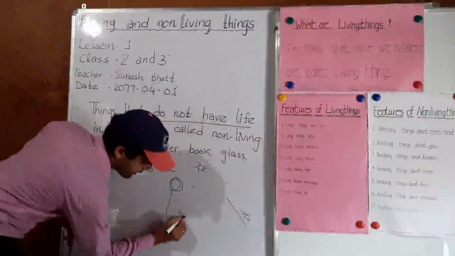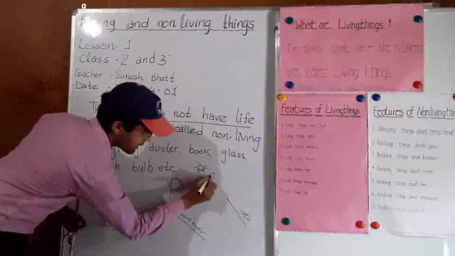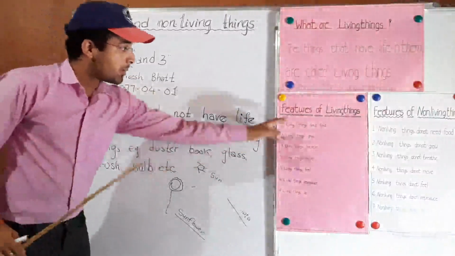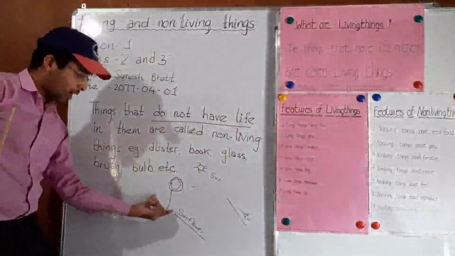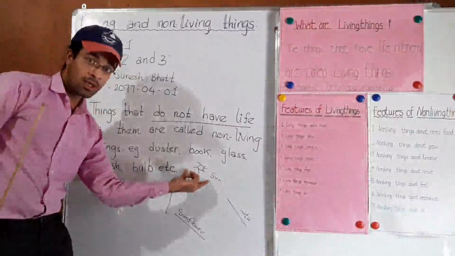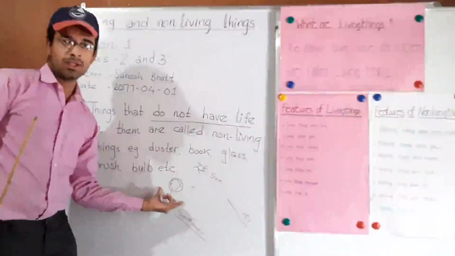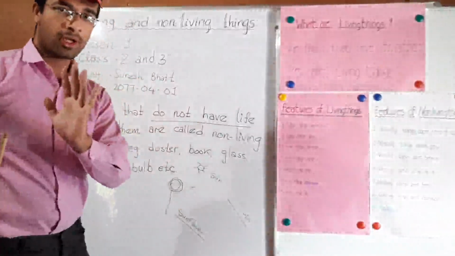Here, the feature of living things is that they move. The sunflower turns its face toward the sun because it is a living thing. So it turns its face. Okay, you got it? Yes.